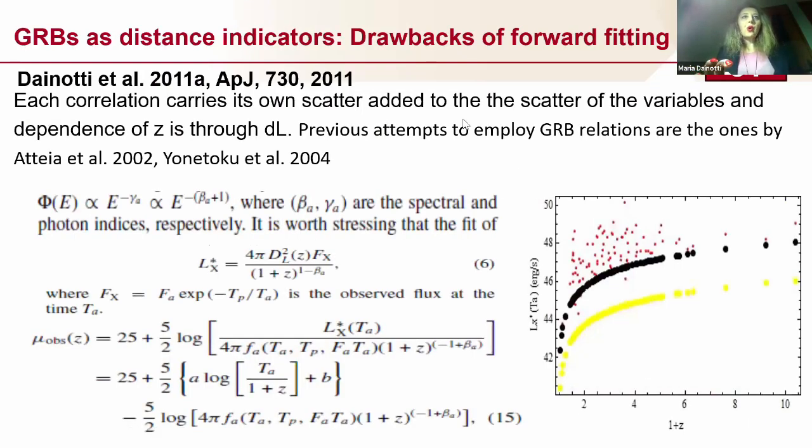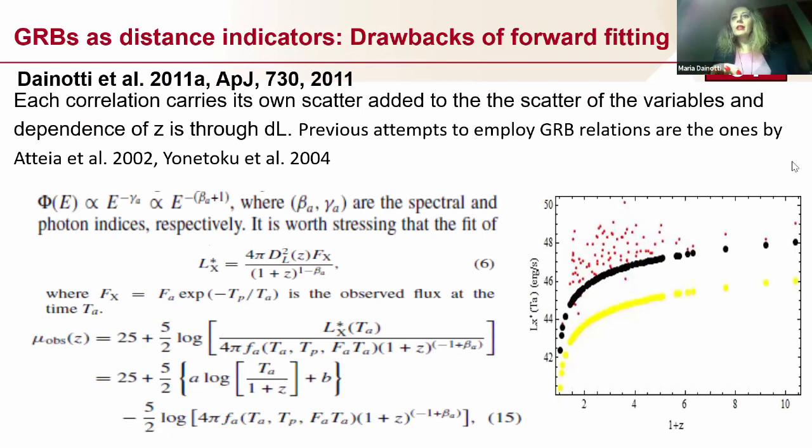Now, I would like to also put another caveat on the usage of the relationship as distance estimator and the forward fitting model. Because if we use this relationship to obtain the redshift, this relation depends on cosmology. So basically, you have one circular problem.